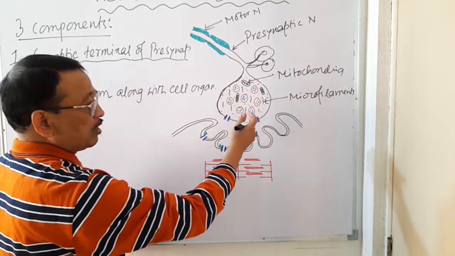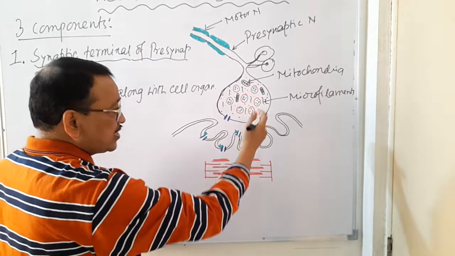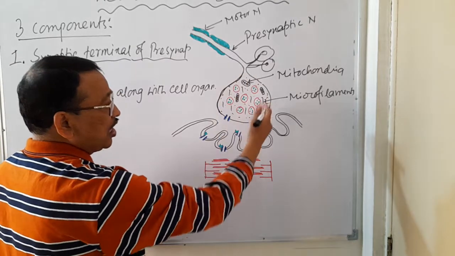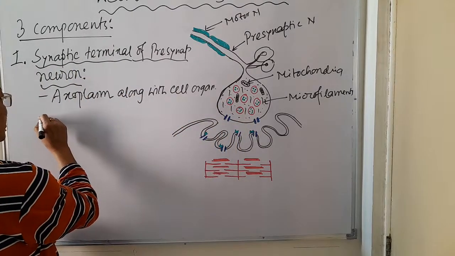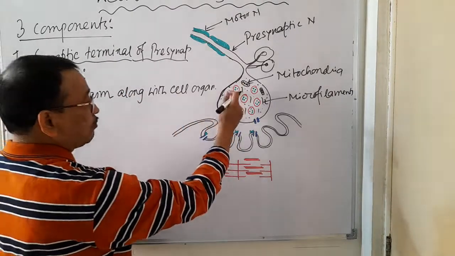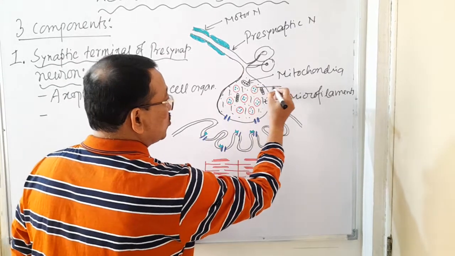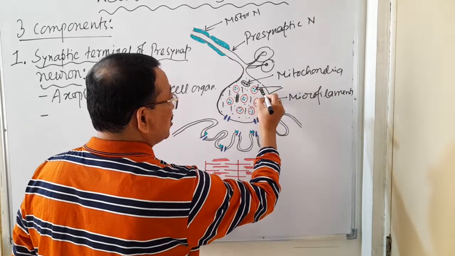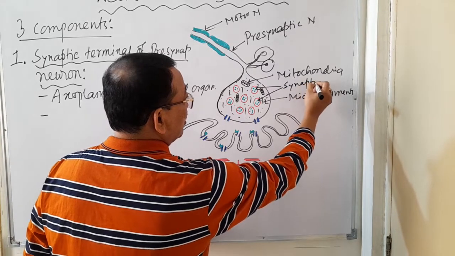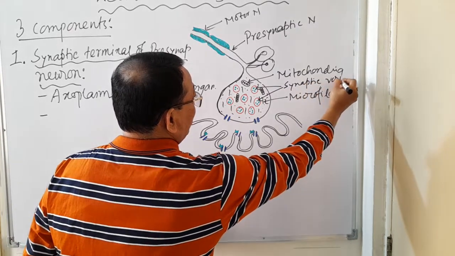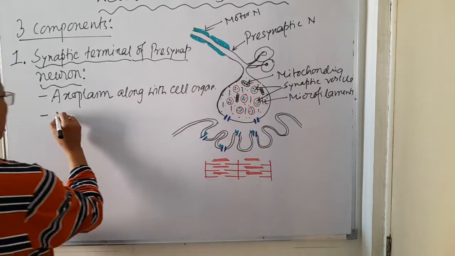in the synaptic terminals. Besides these usual cell organelles, a very important cell organelle is present within the synaptic terminal, which is known as the synaptic vesicle. So these are the synaptic vesicles.